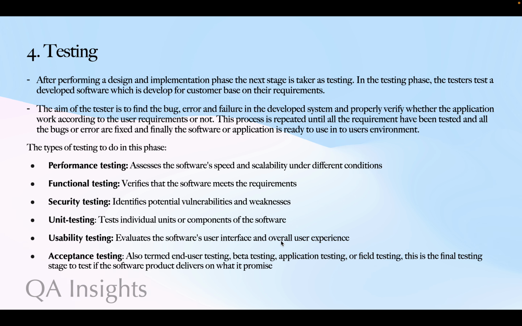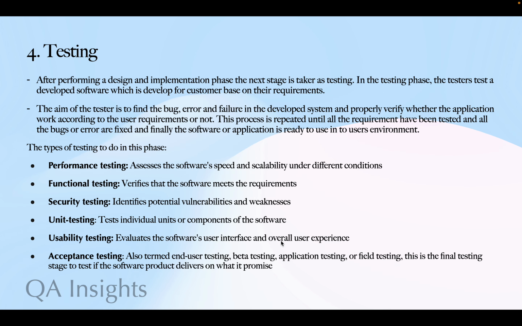Security testing. Security testing is the most important part of testing, which identifies potential vulnerabilities and weaknesses of the software. Then unit testing. Unit testing involves the units or components of the software.